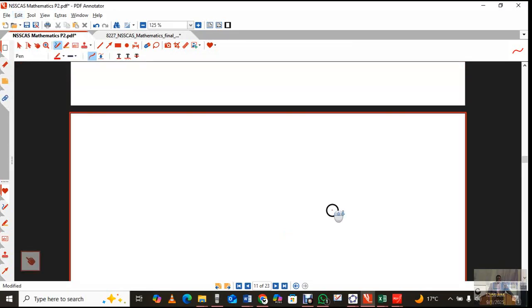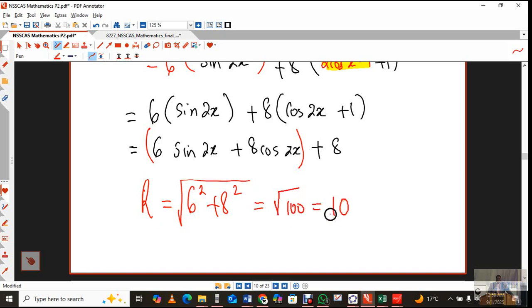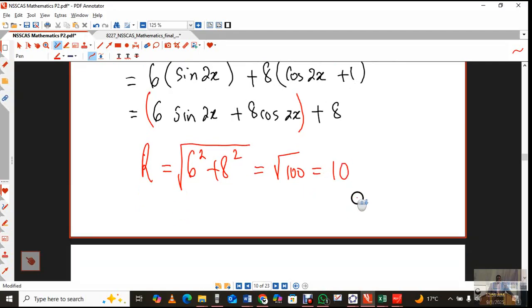See why I said this question wasn't really so advisable. But I can calculate my R. My R is just a number, 6 square plus 8 square, take the square root, and that is the square root of 100, which is 10. So our R value is that.